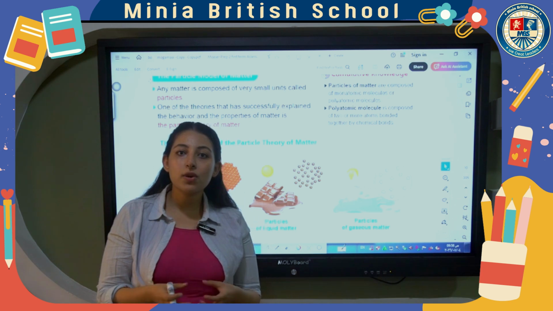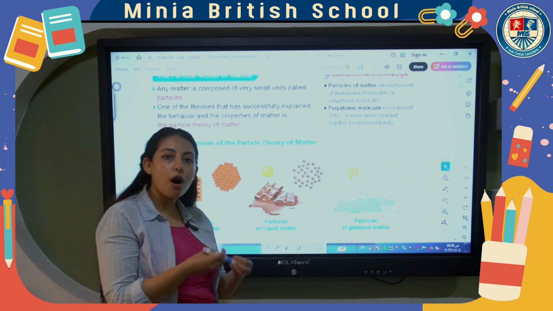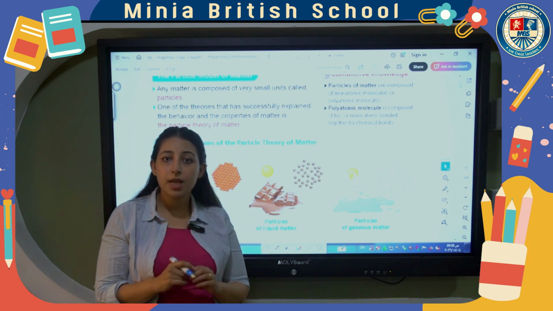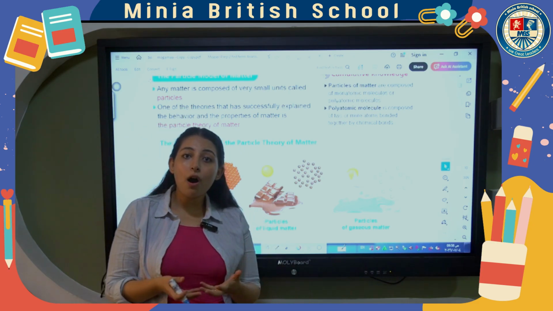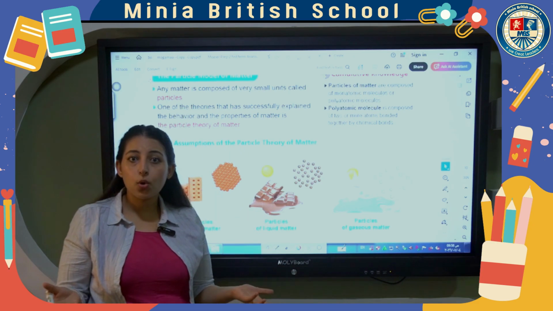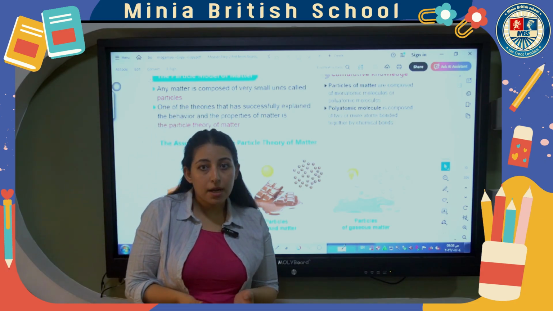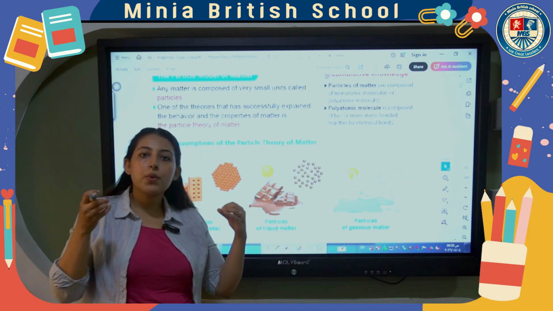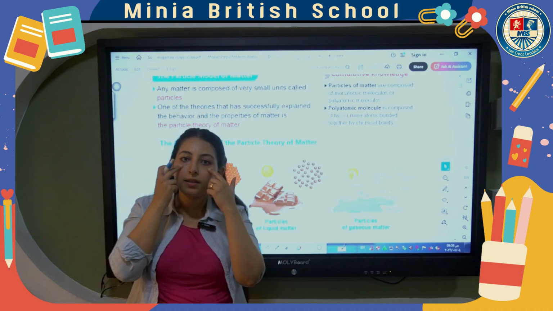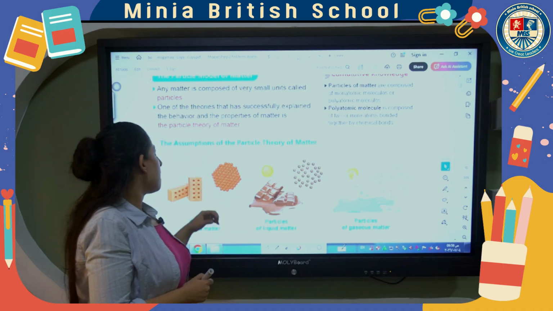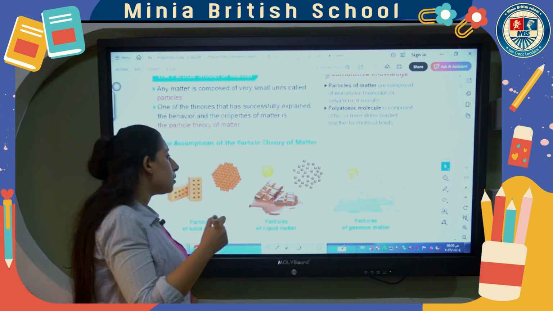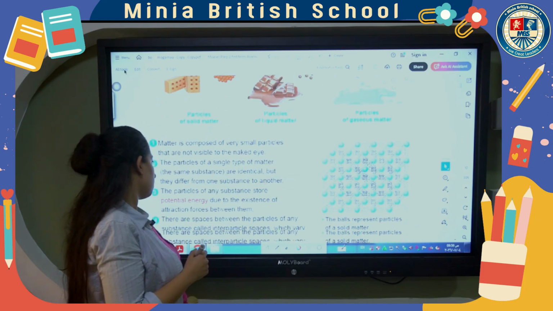This theory is talking about the behavior of molecules of any atom. First, this theory says what? Molecules are invisible. As we know, we can see molecules under microscopes, right? So they are invisible by our naked eyes. What else? These particles are always in continuous motion.